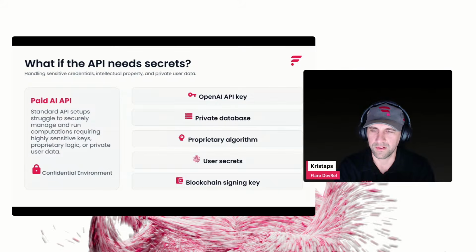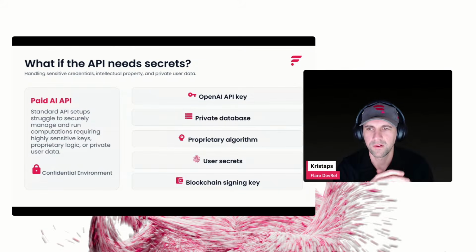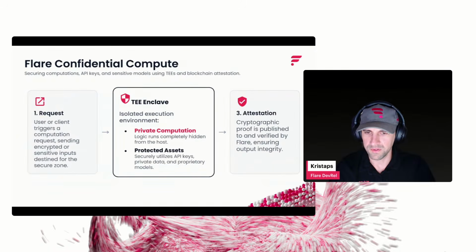All of that is encapsulated in an API, and with Flare Confidential Compute, you can do it in a confidential way, so no one can alter this information, even the person who deployed this TEE in a secure enclave, because nothing can be altered or written, because that is secured by the chip itself, the hardware.